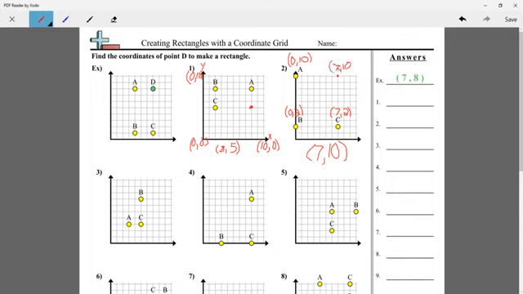Now, on occasion, you might get a problem that doesn't even give you the graph, and it just says these coordinates, like 0, 10, 0, 2, and 7, 2 are graphed. Which point would finish the rectangle?